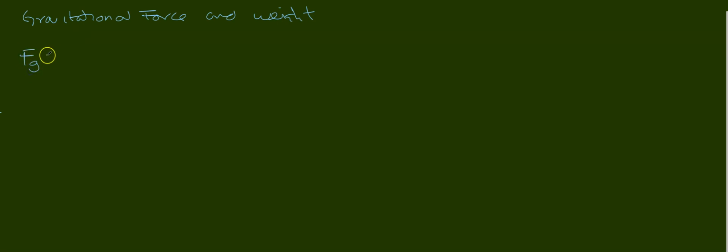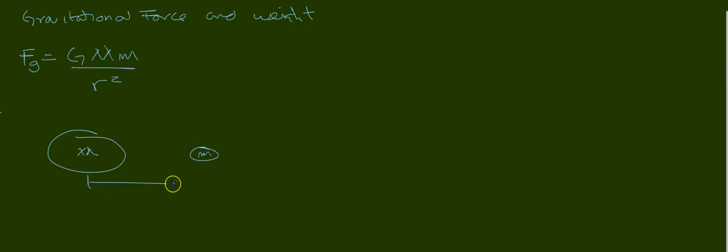The force of gravity is given by a universal constant, capital G, times one mass times another mass divided by the square of the distance between the two masses. So let's take one of the masses, let's take the other mass here, and this is the distance in between them.